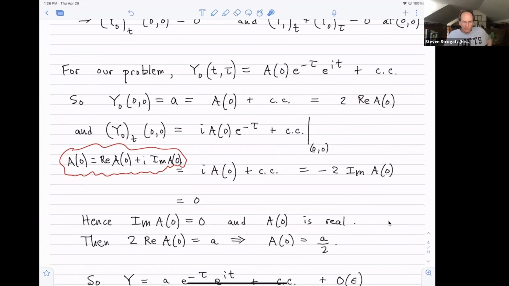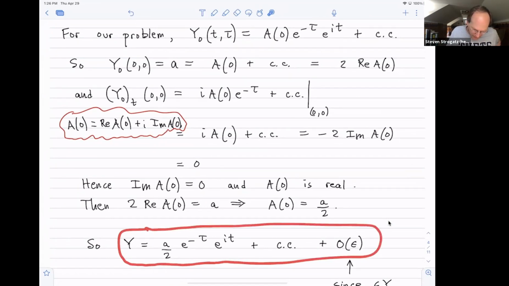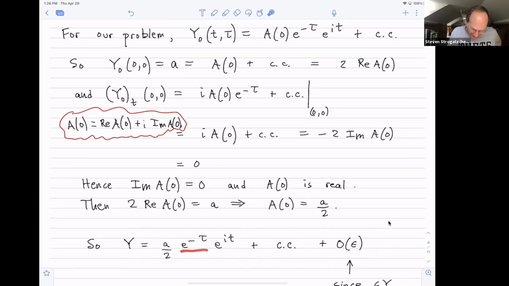Okay, that was a little bit of a workout, but now that we've got that, we can plug it in to say that our 2-timing solution is just this. It's the initial amplitude A over 2, the slow decay e to the minus tau, the e to the it fast oscillations, plus the complex conjugate, plus order epsilon stuff involving y1 that we don't really care about.